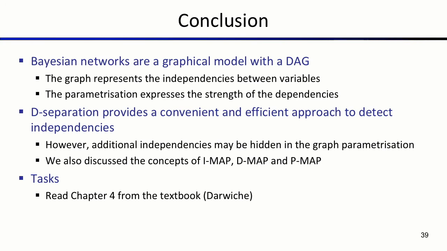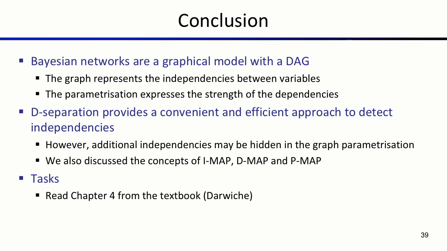So it composes the second part of the representation. We looked at the d-separation algorithm. That is a very convenient and efficient way to detect independencies, and we saw that it is sound. So every d-separation will lead to an independency, but it's not complete, in the sense that we can have more independencies that are encoded into the parameterization of the Bayesian network.